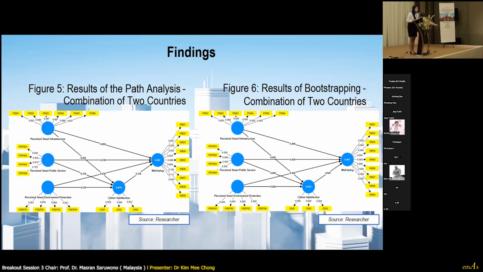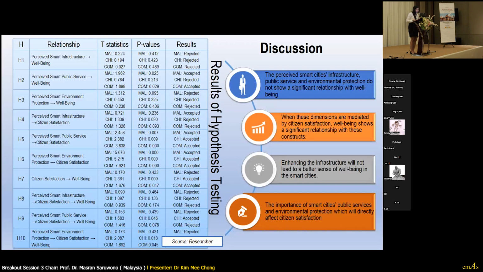Based on the p-value and the t-statistic, we found results that differ from our literature review, whereby smart infrastructure, our first independent variable, is not significant towards the well-being of the citizens.